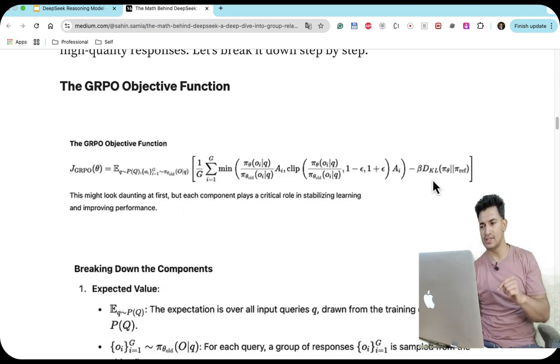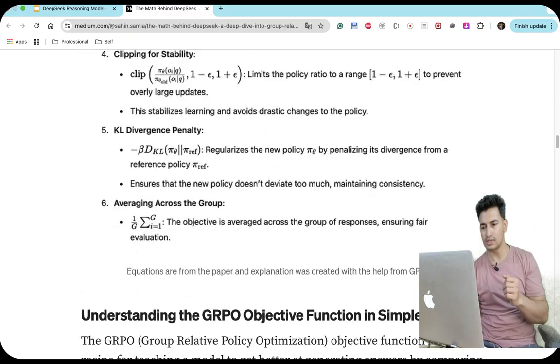So this is the KL divergence formula. And if you have low beta, it means you are allowing more exploration, and if this parameter is large, it means you are not allowing too much exploration. You want to exploit just the nearby spaces with lesser deviation but better rewards. So that's what this is.